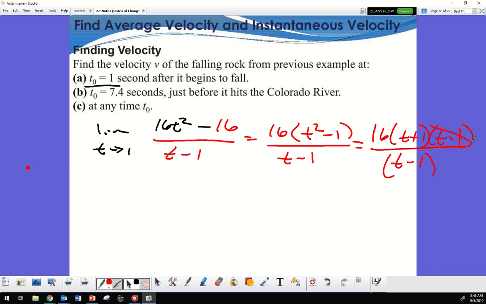My t minus 1's go away. And now I'm going to take the limit as t goes to 1 of 16 times t plus 1. Plug in that limit. And what do we get? It's going to be 32, right?